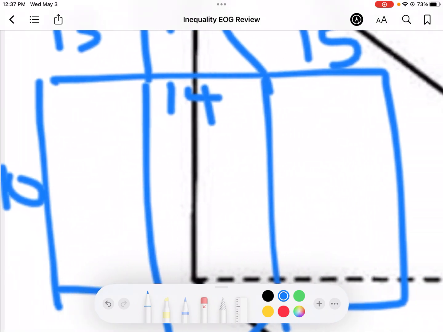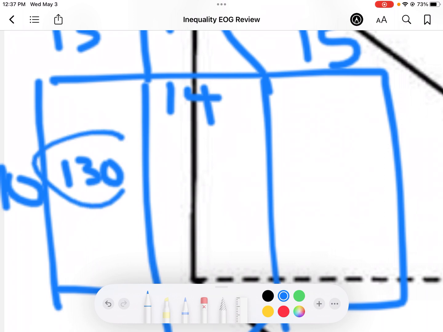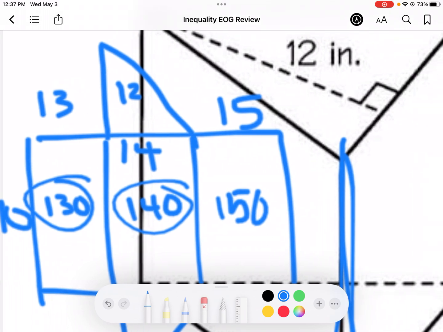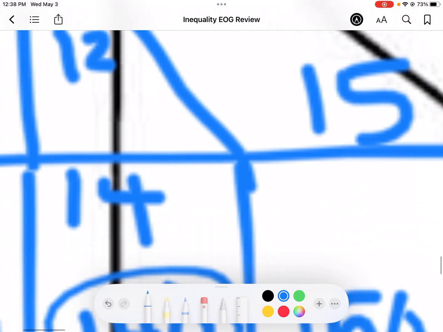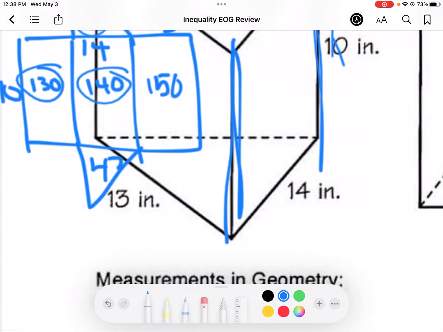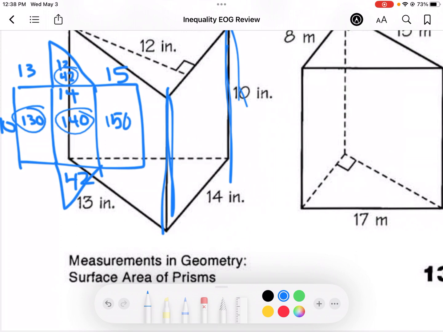So I know that I got 130, 140, 150, and then 12 times 14 divided by 2. So then I'm going to add those numbers up.